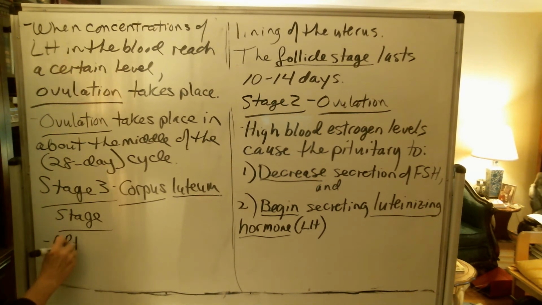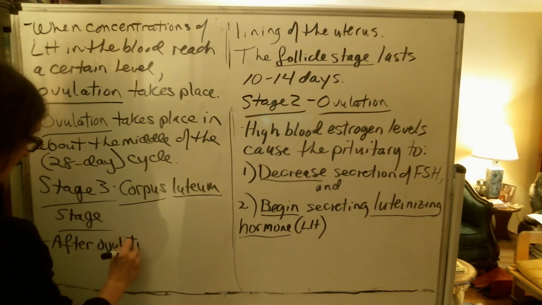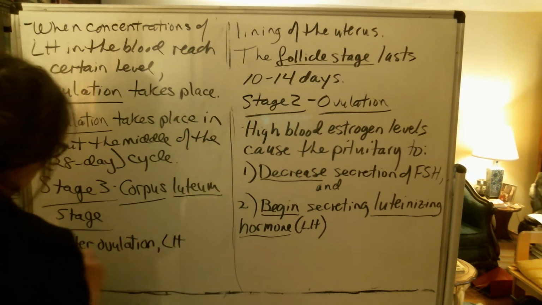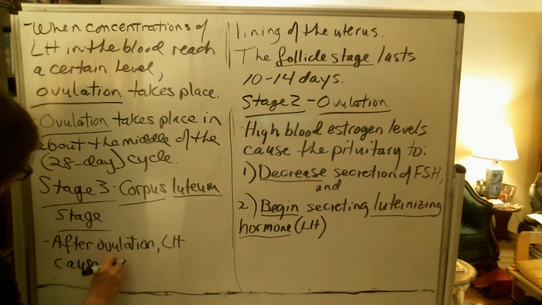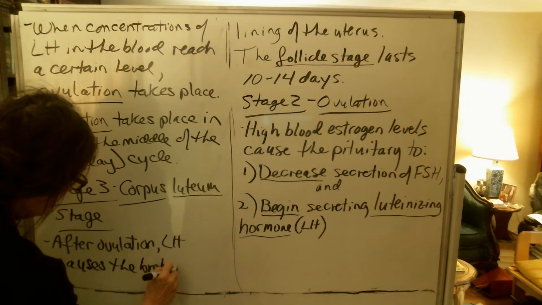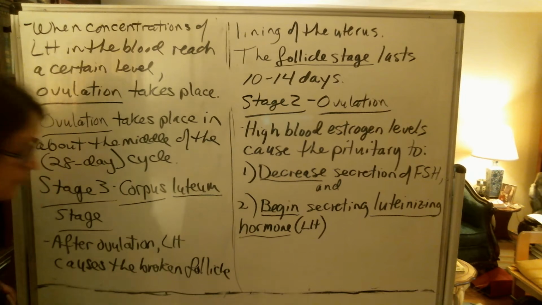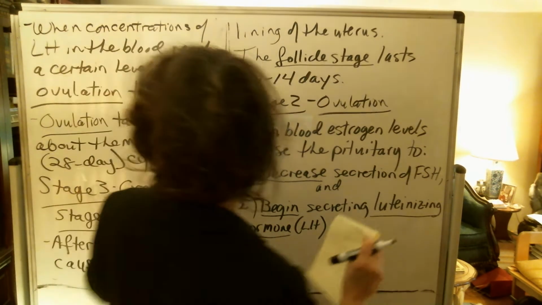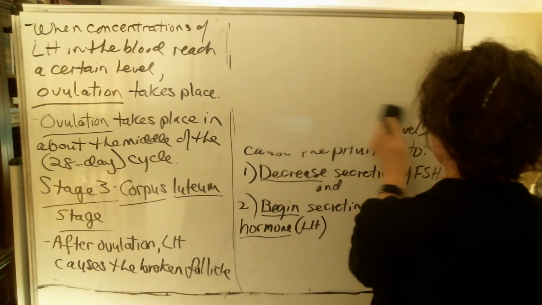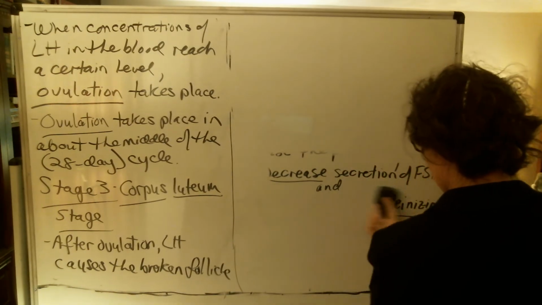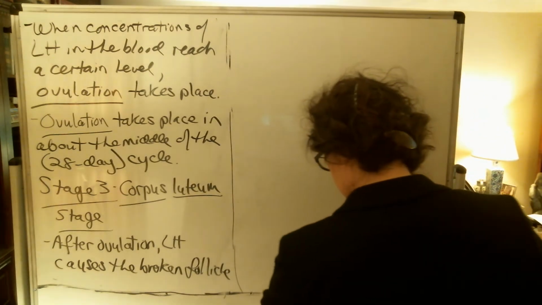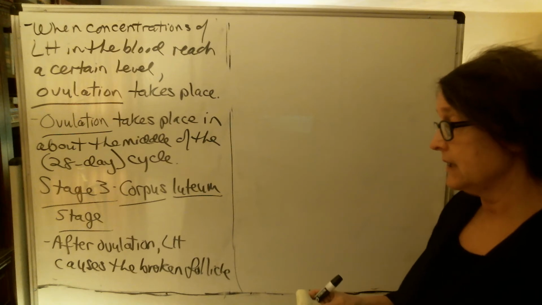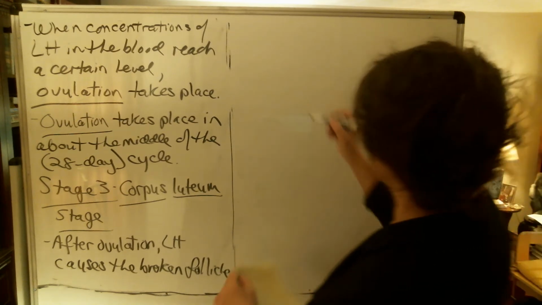So then, after ovulation, the luteinizing hormone then causes the broken follicle, that follicle from which the egg was released, now a broken follicle sitting around in an ovary, to fill with cells.